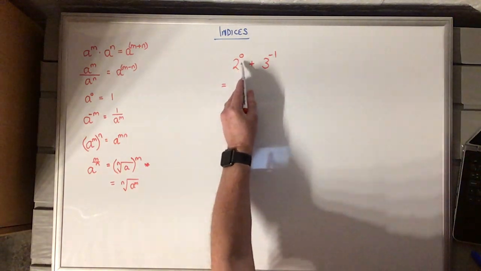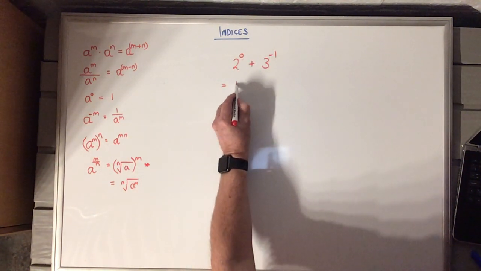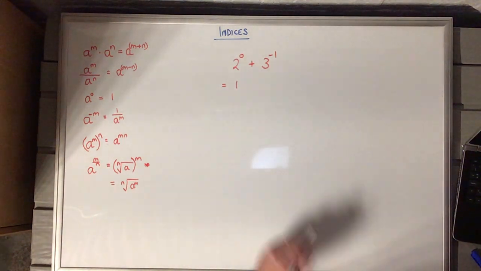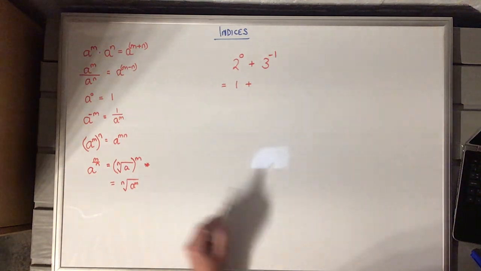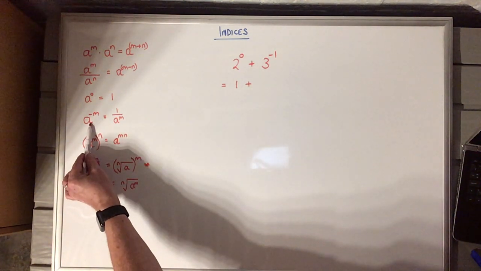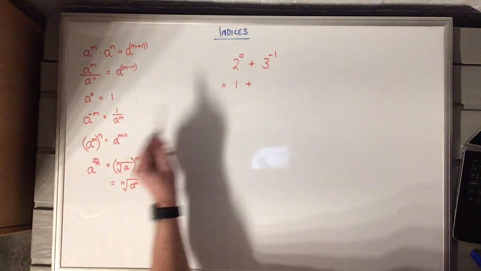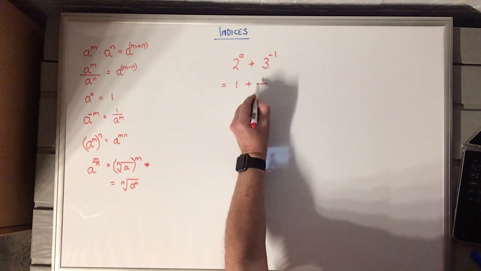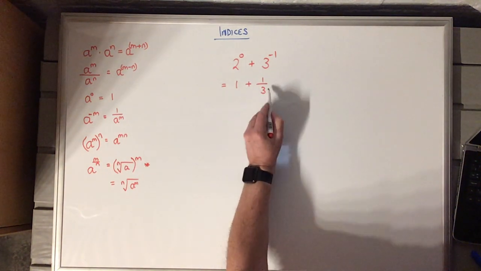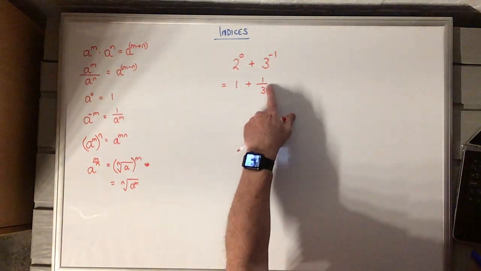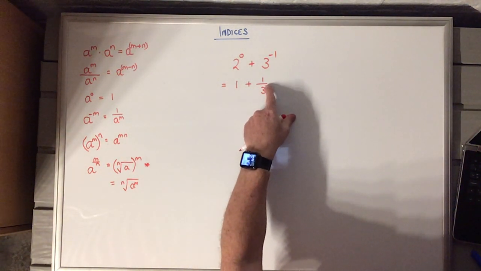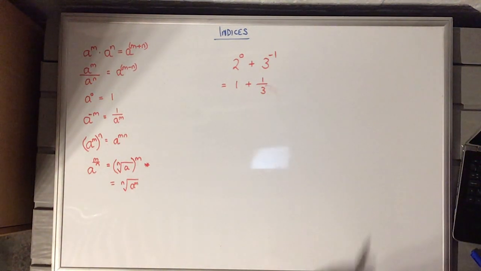So anything to the power 0 is 1, so we've got an answer to that. Plus 3 to the -1, well, that's that rule here. That gives me 1 over 3 to the power 1, but we never put the 1 in, so that's just 1 over 3, that's a third. We'll just take that 1 out, because you'll never see that in any textbooks. We don't put the power 1 in.